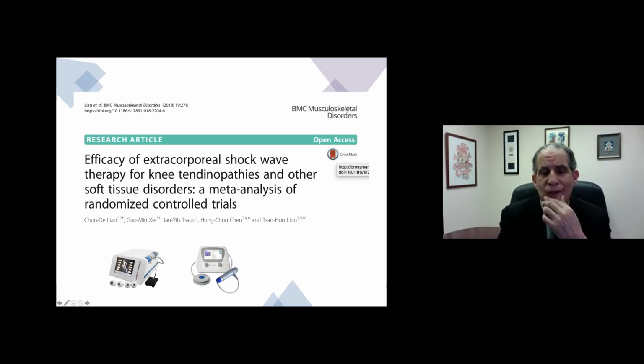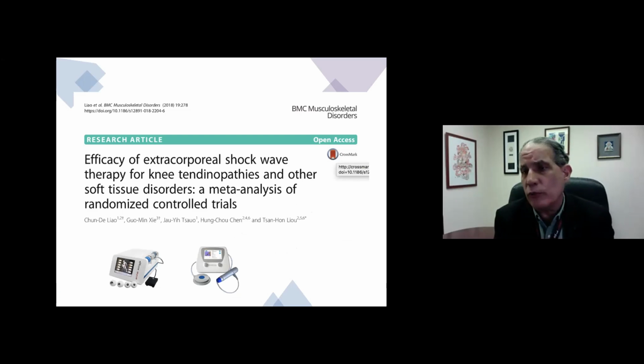Now, as you well know, there are more recent interventions that have been studied mostly in the last 10 years, I would argue. And one of them is the shockwave therapy that, as you well know, has different variants and so on.